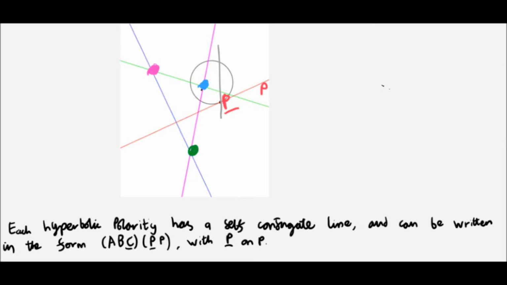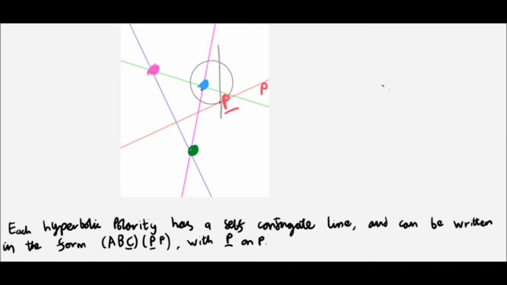But we can then use it to learn things. And later on we will see that it's possible to make hyperbolic polarities of this form from conics. So later on we can suspend our disbelief, as it were.